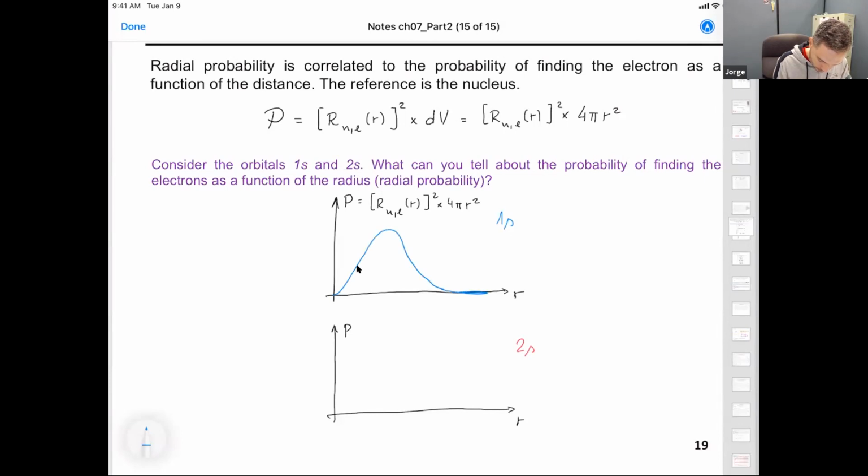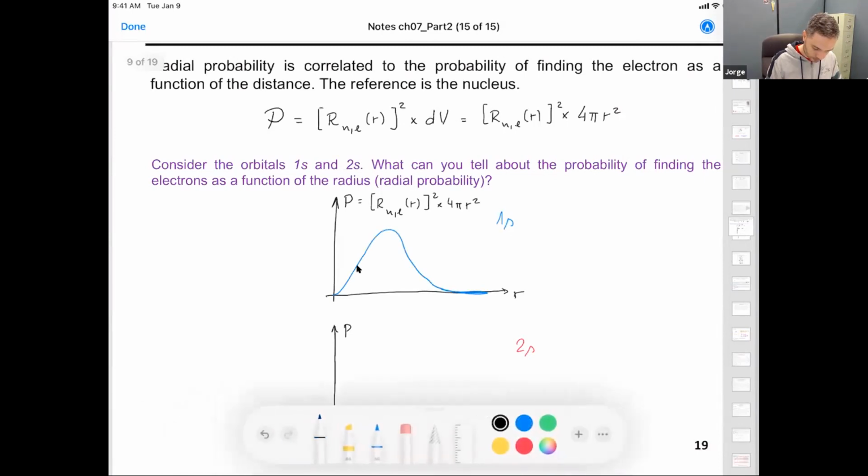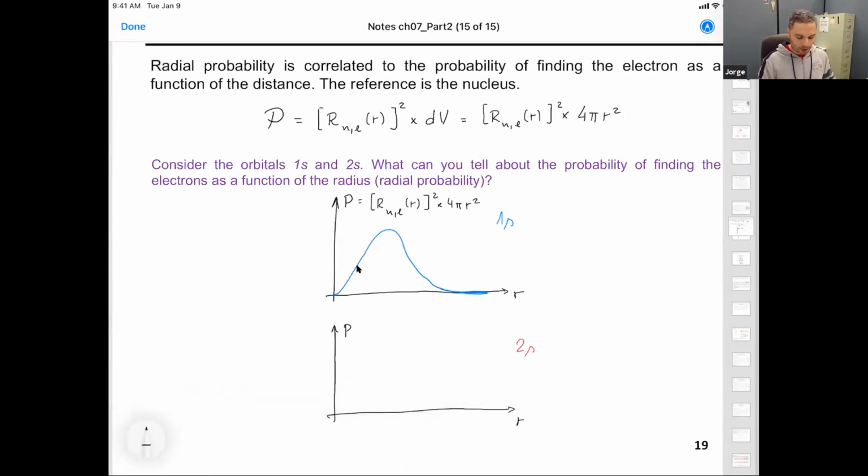Oops, and it goes to 0. This point over here is the most probable position to find a 1s electron. It doesn't mean it's going to be there, but it's very likely to be there.